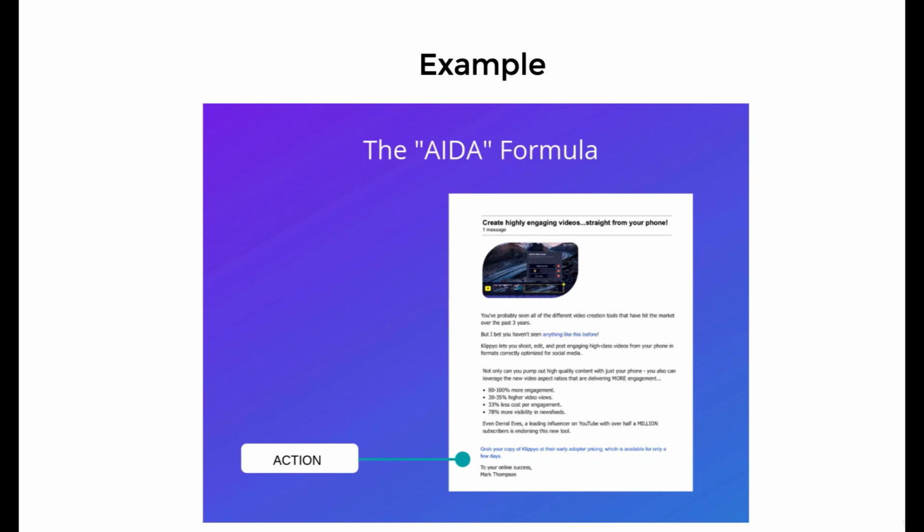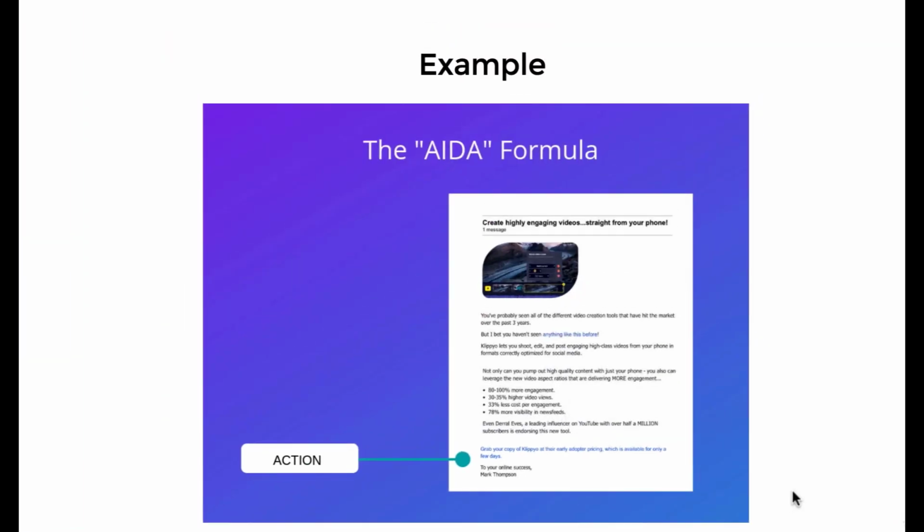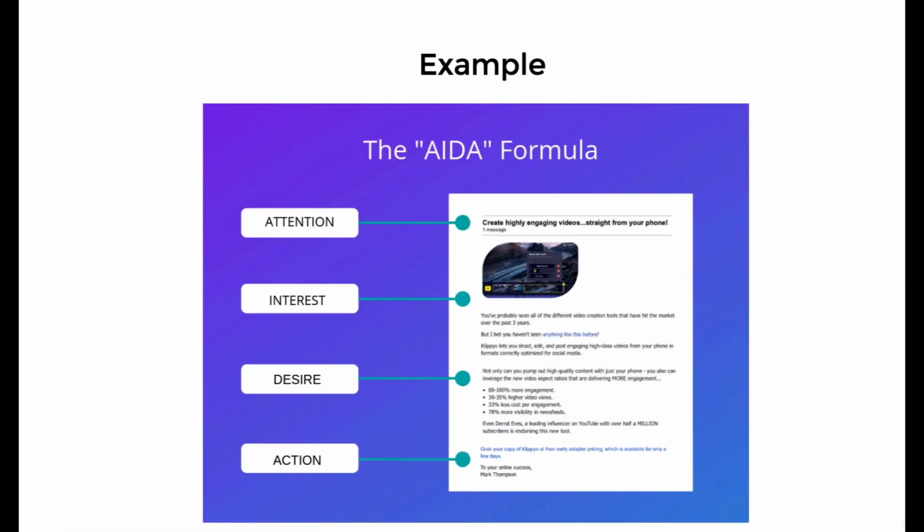So you should write and have a call to action button. After you create a piece of content, specifically give them the reason to do that. As you can see here, the example is to grab a copy of the tool early. That's one of the examples, so that's the full run-through of the AIDA formula.